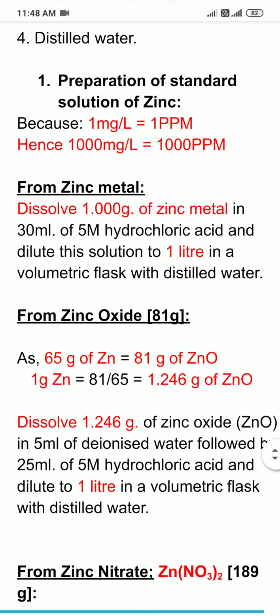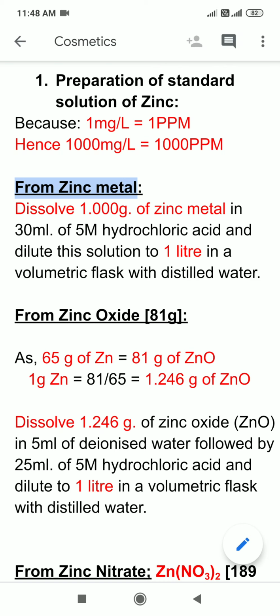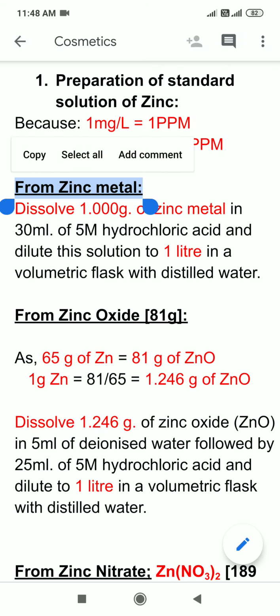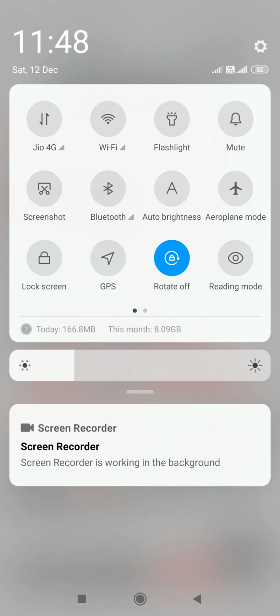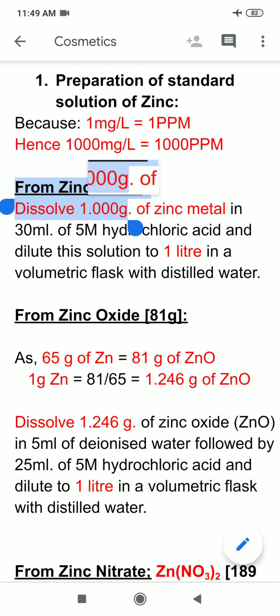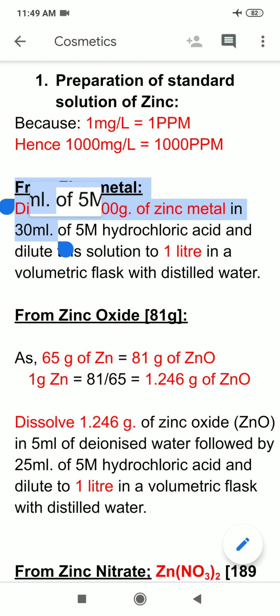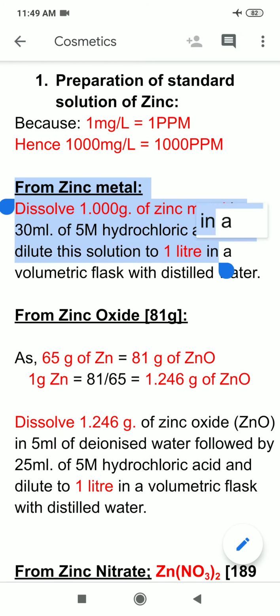First of all I am starting with zinc metal. If we want to prepare a 1000 ppm solution of zinc by using zinc metal, then we need to dissolve 1 gram of zinc metal in 30 ml of 5 molar hydrochloric acid.